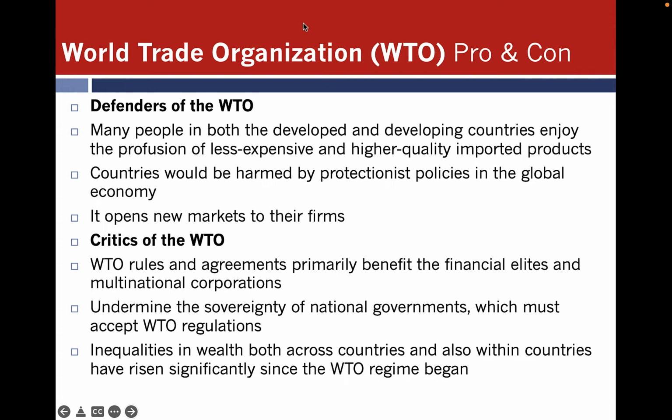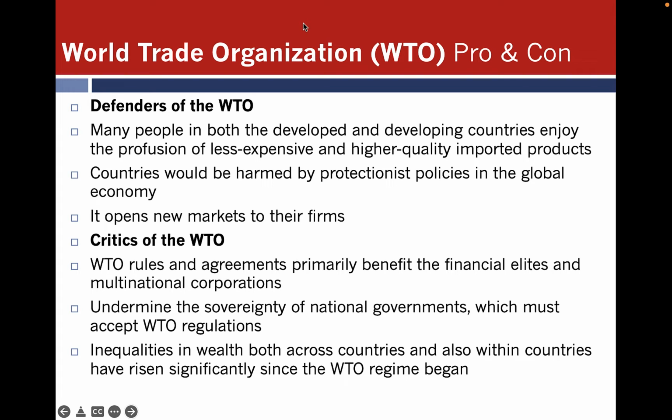And there's a belief that policies against the global economy would harm countries, and as a result, it opens up new markets to their firms, and it opens up ways that developing countries might be able to establish trade relations with other countries.